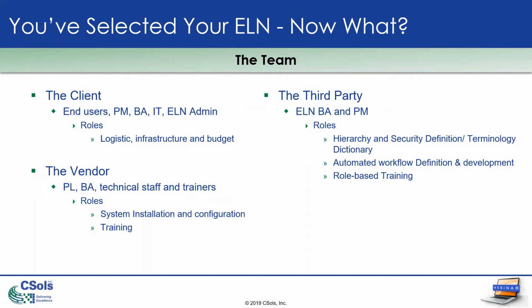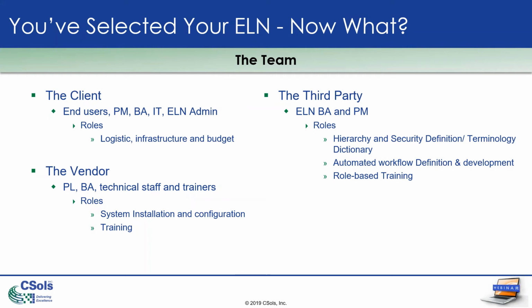Now let's talk about the team. We can say all parties can have their project manager, project leader, and their business analyst. The team is usually comprised of the client, the vendor, and the third-party team members with different roles and responsibilities.